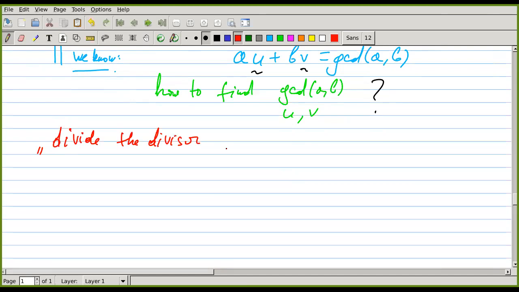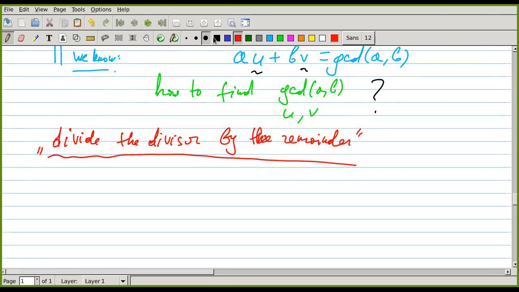The divisor in an integer division procedure. So if you divide a by b, then b is called the divisor. Divide the divisor by the remainder. So this is the general recipe, which is known as the Euclidean algorithm.